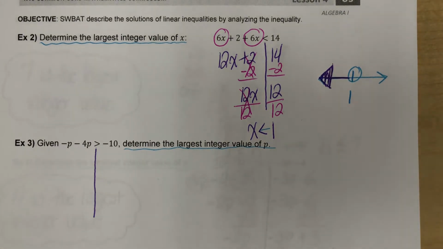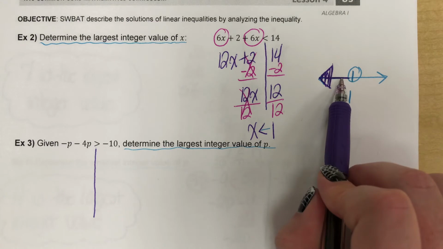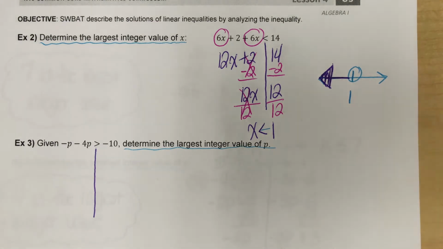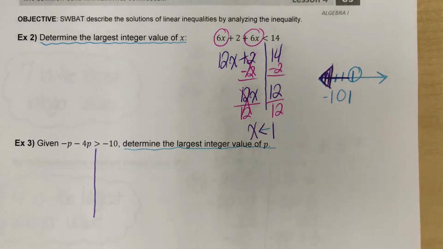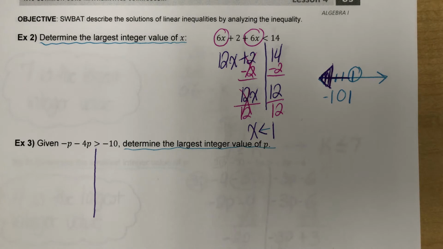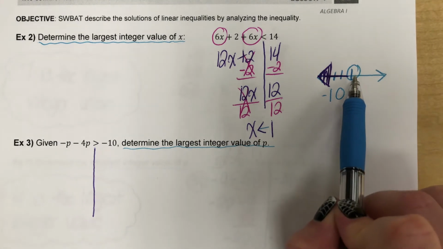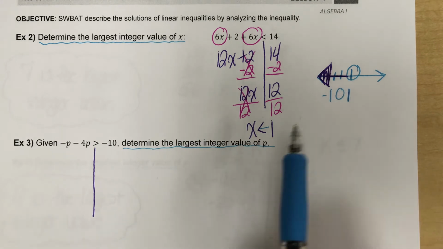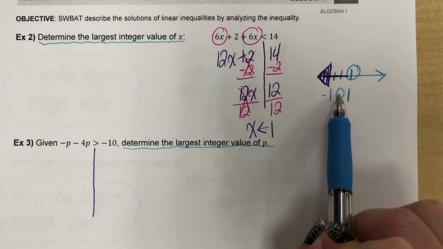All right? So since 1 doesn't work, I have to ask myself, well, what number is less than 1? Because I'm going to the left, those numbers should be getting smaller. Well, on a number line, to the left, I would then have 0, then I would have -1, and so on and so forth. But we had gone over in the do now the trick: if this is not the answer, you just follow the arrow to the next available number, which would be 0.